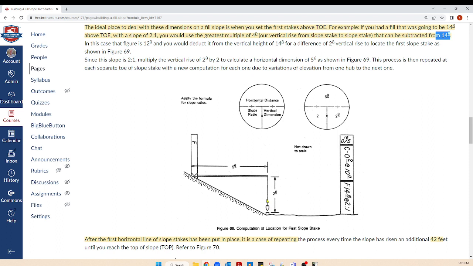So our first stake above slope has a vertical of 2.8. Now, to get this dimension, we take the vertical dimension, 2.8, multiply it times the slope ratio of 2, and that gives us a horizontal dimension of 5.6.